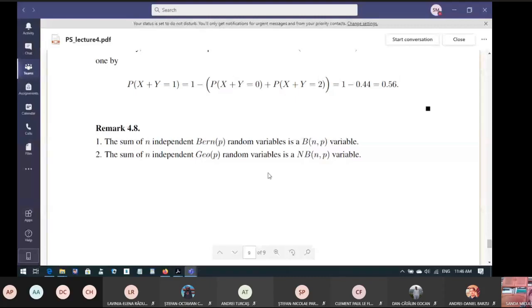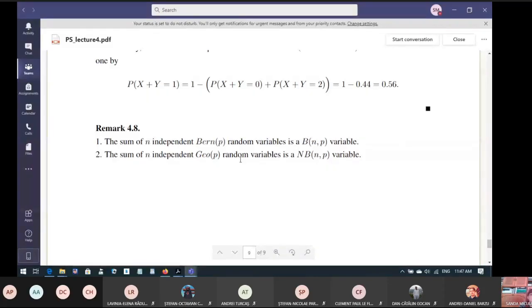This is very important, for instance, when modeling, simulating such variables. If you can simulate the easy one, then you can use this sum to simulate the more general one. It also comes in handy when, in the next chapter, we're going to talk about numerical characteristics of random variables, like mean value, variance, and so on.